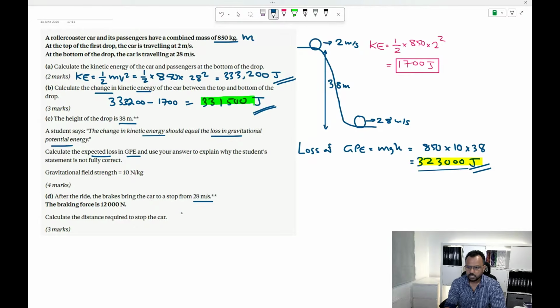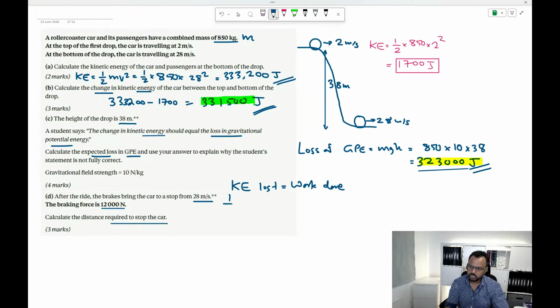Yeah, that's right. So the brakes stop the car at 28. The braking force is 12,000 newtons. Calculate the distance required to stop the car. Right, guys. Now here, there are two ways of doing this. The easiest way is the kinetic energy lost is equal to work done, because work is done by this external force until all of this kinetic energy comes to 0.